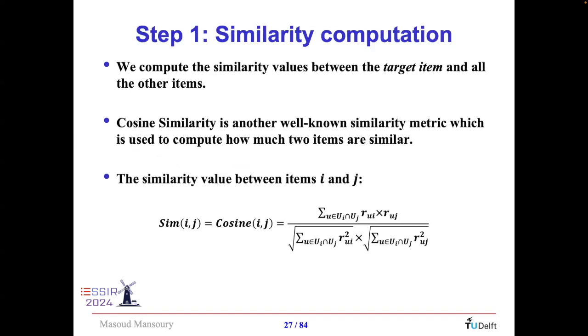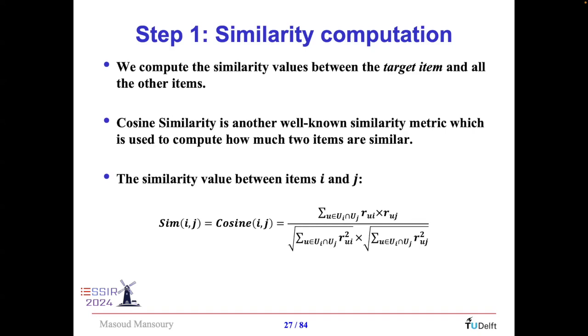So the first step would be similarity computation. Here I'm showing you the cosine similarity, another similarity function that we can compute, with the same process. We compute the similarity value between the rating patterns in 2 vectors, for example item 1 and item 2.